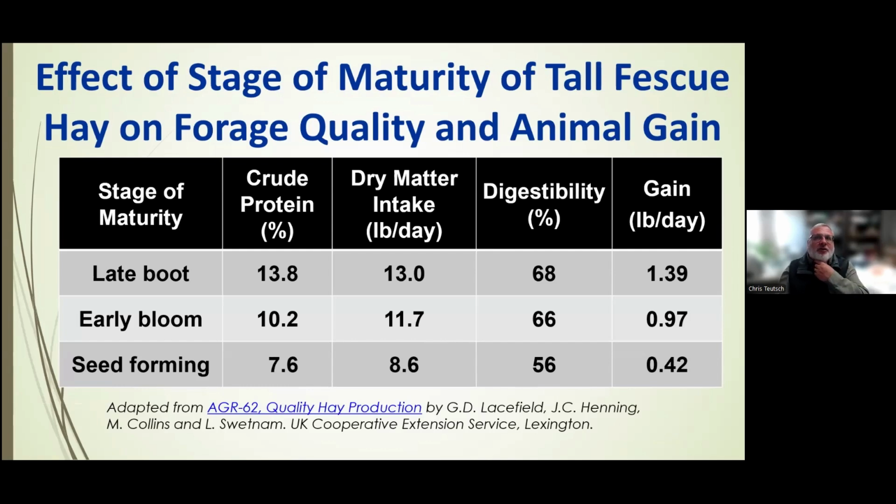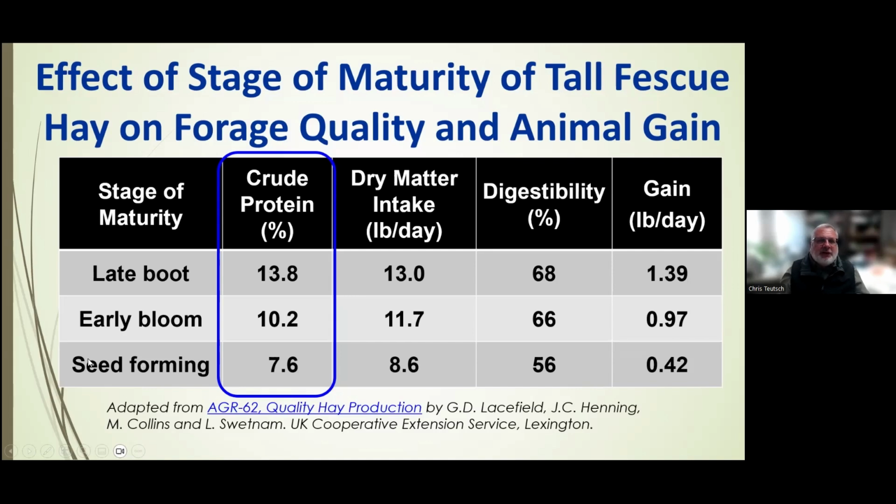And this is just kind of showing some data. This is from a publication on quality hay production by Dr. Lacefield, Henning, and Collins. This was a study on the effect of stage of maturity of tall fescue hay on forage quality and animal gain. If we look at crude protein, when we're at the late boot stage, that's when the optimal time is to harvest that hay, we're at almost 14% crude protein.